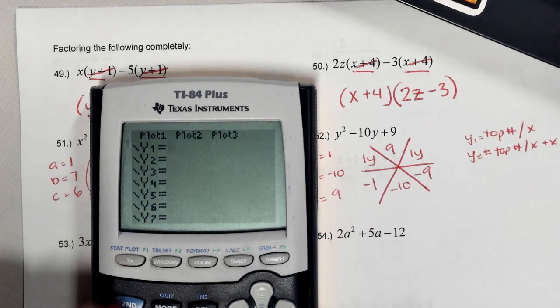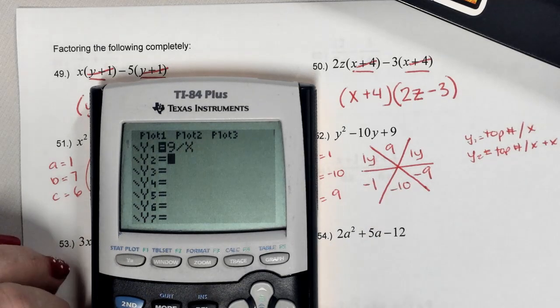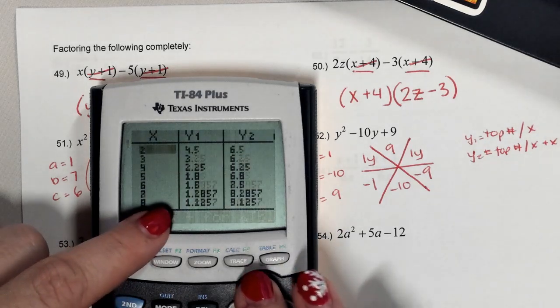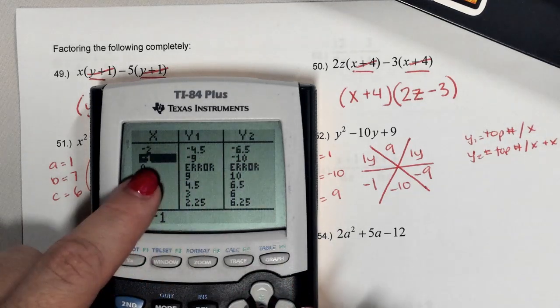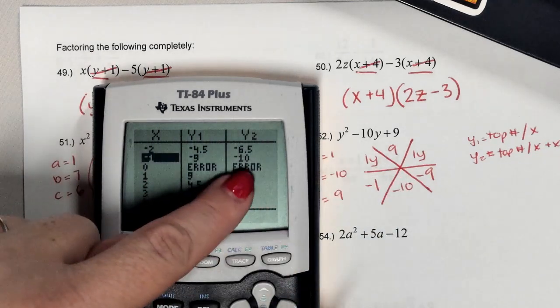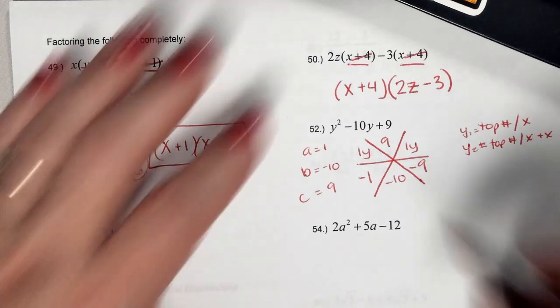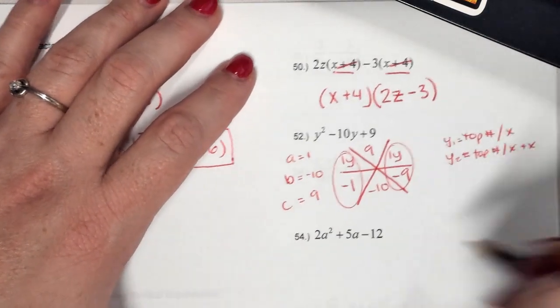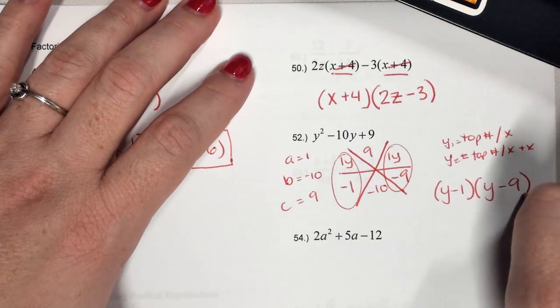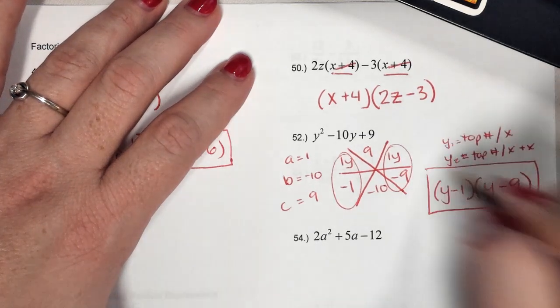So my top number is 9 divide x, 9 divide x plus x, second graph, and because it's double negative, I'm going to scroll up and look, it's negative 1, negative 9, because b is negative 10. You find your bottom number in y2. Now nothing here simplifies, so those are my factors. You don't have to put a 1 in front of your letter. If you did, you're not wrong.